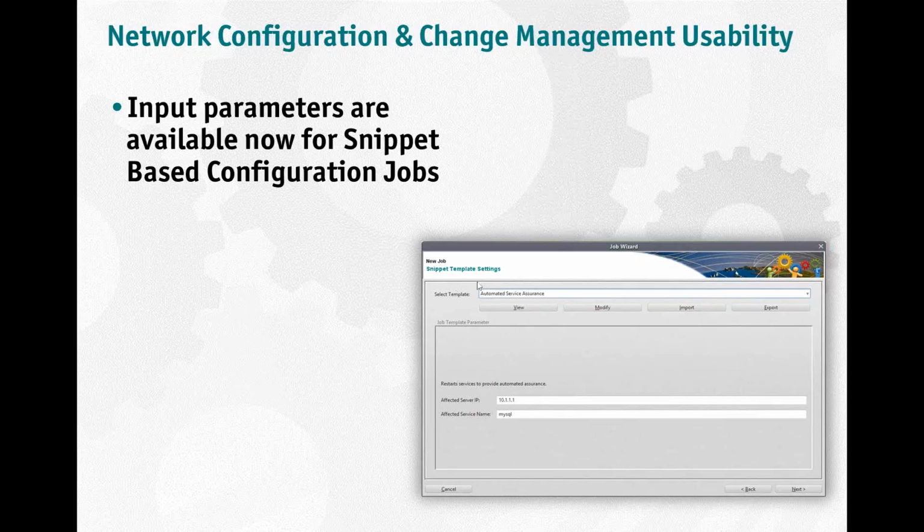And in a new step in this job wizard, you can then fill in all input parameters, and StableNet will automatically use your inputs to replace the variables in your config snippets. So what you can do is generalize your config snippets more and more to be used in policy checking jobs or in configuration jobs and so on.